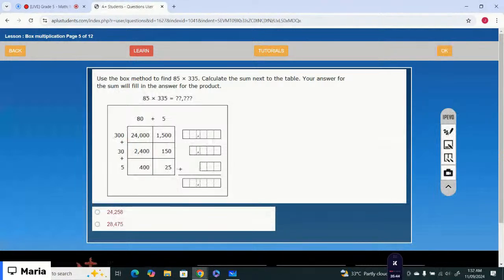Okay, then 85 times 335. So which is the correct option? Which option is the correct one?